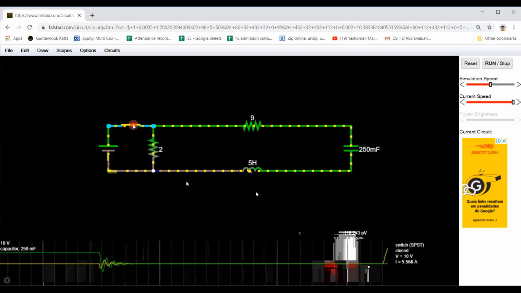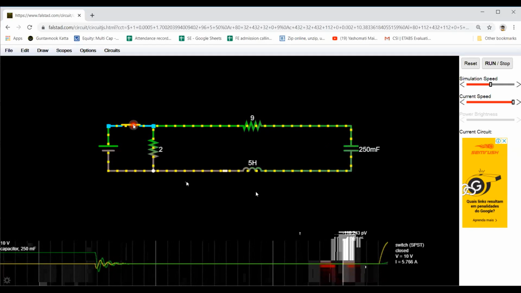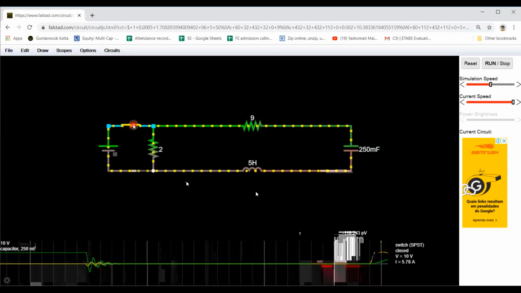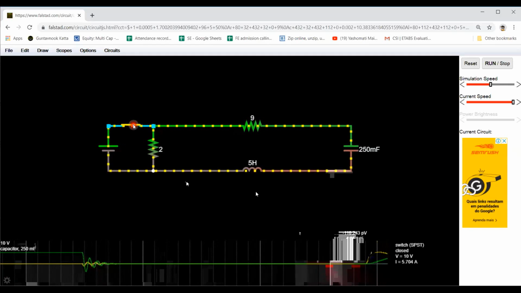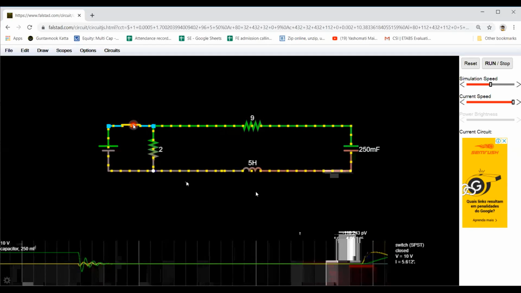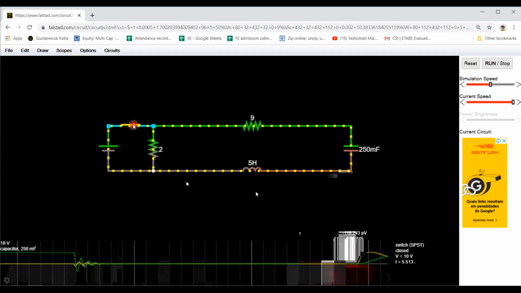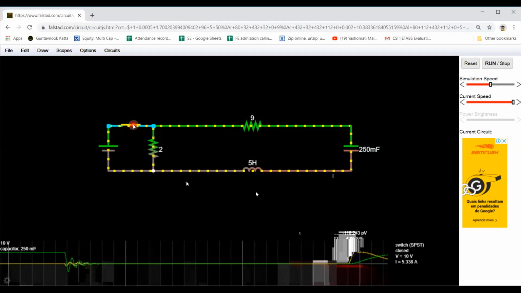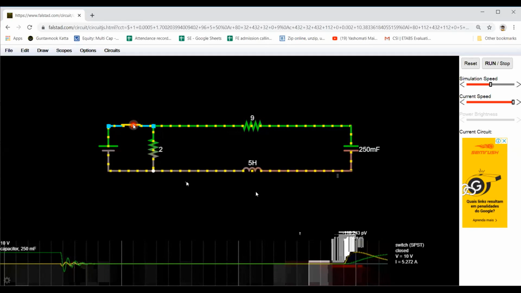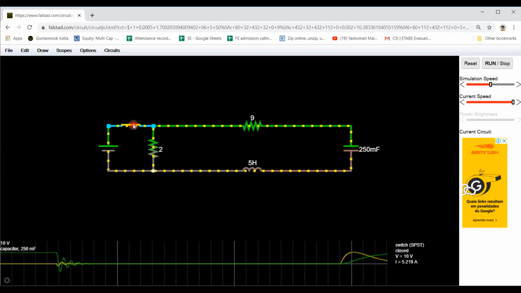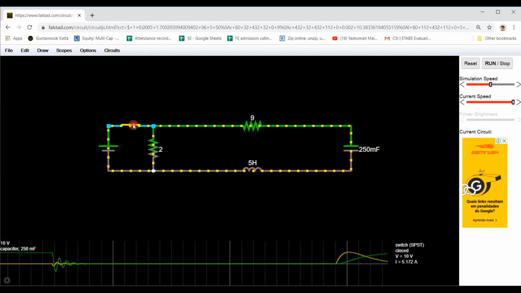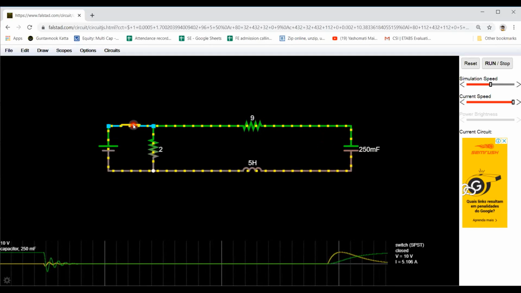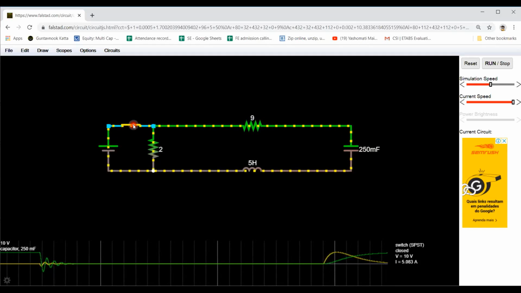As we are putting this switch on, this response is of a critically damped system, and as we have seen in theory, it will reach the final value or steady state value after a certain amount of time, which is definitely more than that of the underdamped system. In an underdamped system, it will reach in the smallest amount of time. In a critically damped system, it will take somewhat more time than the underdamped system.